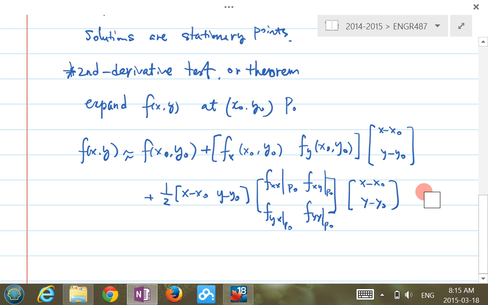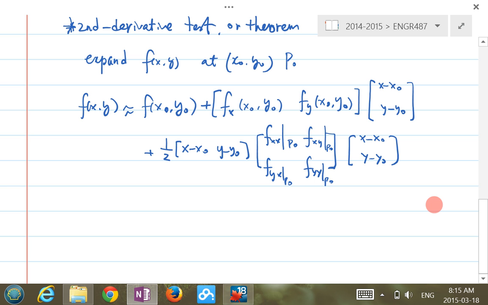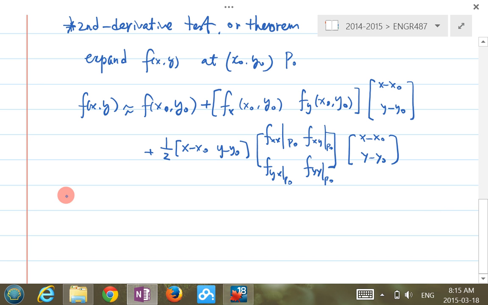Is that good? So if I define a vector p as this x and y, this is the current x, y. If I define a p naught, which is the vector of the coordinates of the current point.